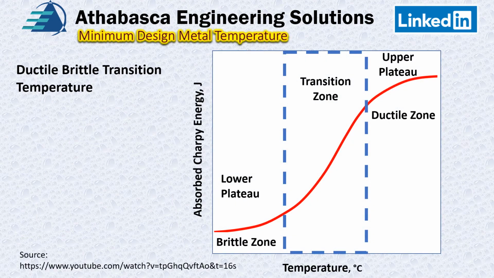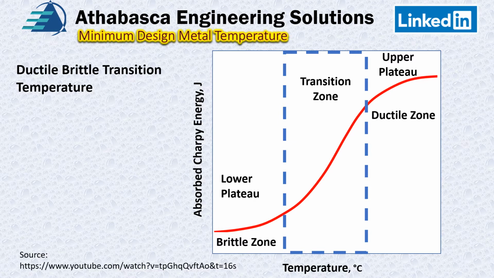Alloy steels have a unique characteristic of a change in properties, in particular the ductility, which is described as the absorbed energy in joules. As you can see, the material in the upper plateau, or the ductile range, which for steels is at normal ambient temperatures, is going to have the ductility that the designer needs.